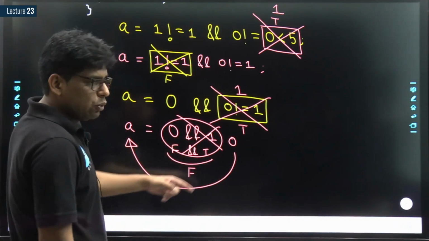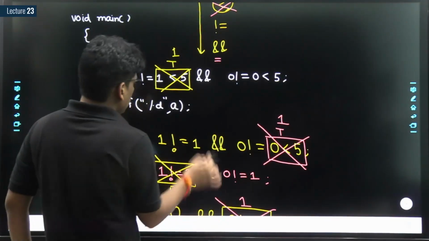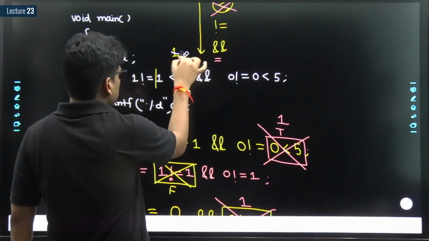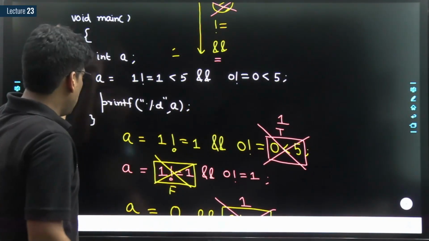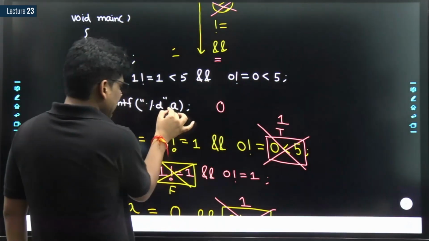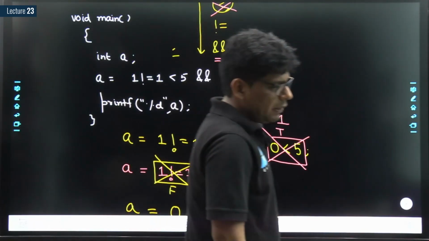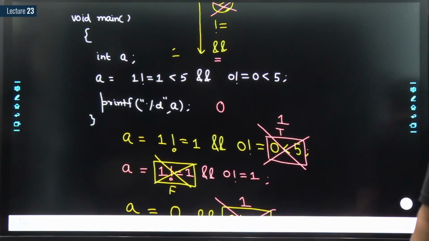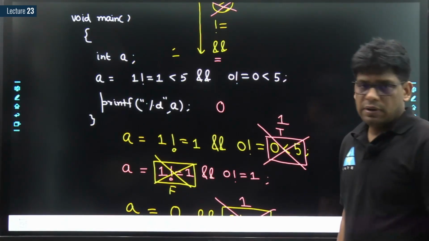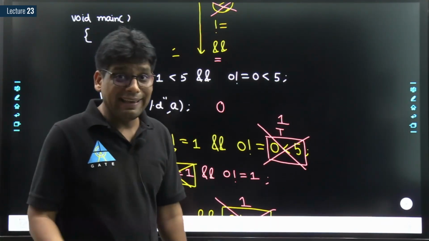Sir, the value that goes inside A is 0. So what is the output of this particular code? Sir, the output of this code is nothing but 0, because we are trying to print the value of A. That is 0. Please note all of these questions and try yourself again.